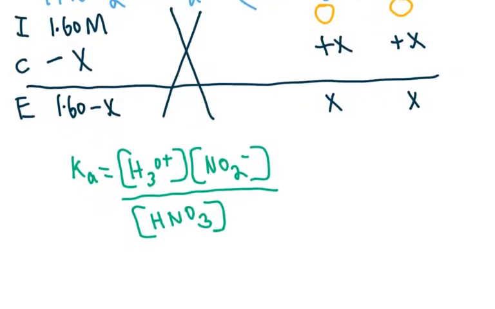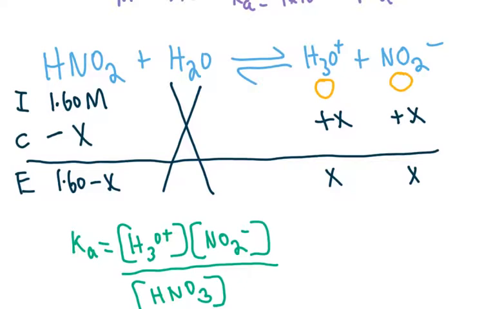Next, we feed values into our concentrations. Technically, we already found those in terms of variables. If we want the concentration of H3O plus, we look at our ICE table and see that it's x. The concentration of nitrite anion is x. The concentration of nitrous acid is 1.6 minus x.